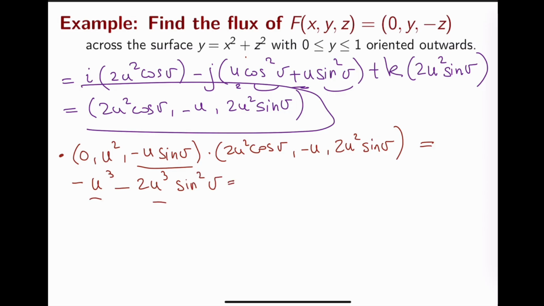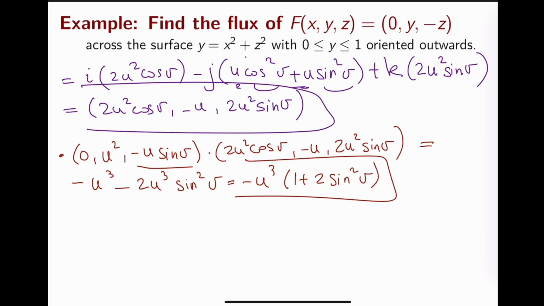Taking here minus u cubed as a common factor, multiplies 1 plus 2 sine square of v. So this is then the integrand that we need in our double integral.